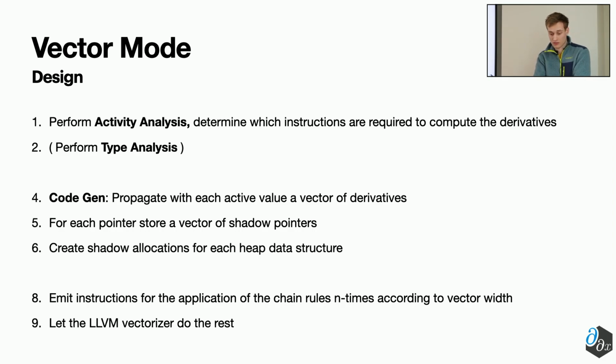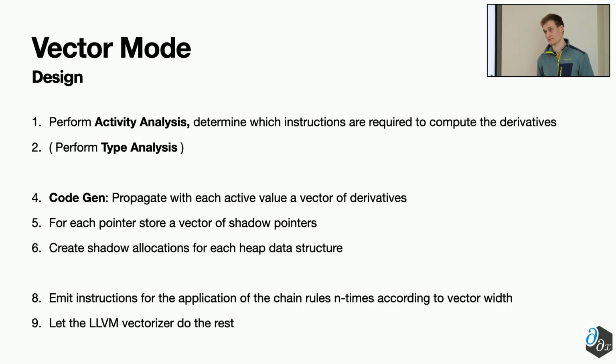Next, we generate code where we propagate each active value with its derivative through our computation graph. And we also make sure to have shadow pointers for all our pointers and also have allocations for those on the heap, if necessary. And then we emit all those instructions.